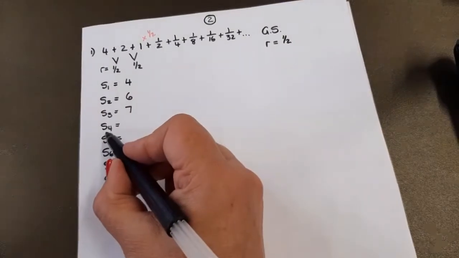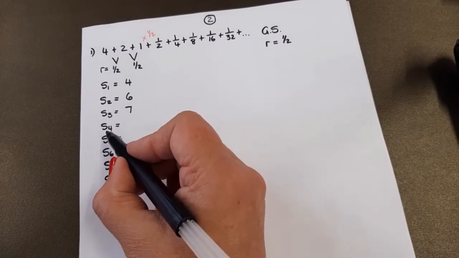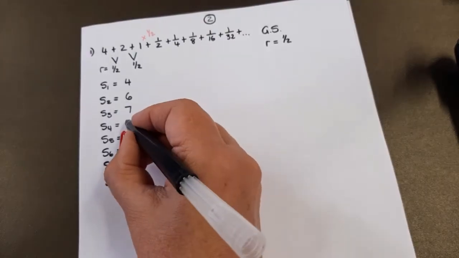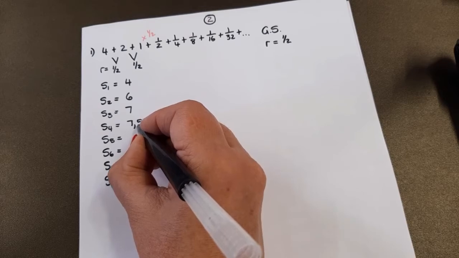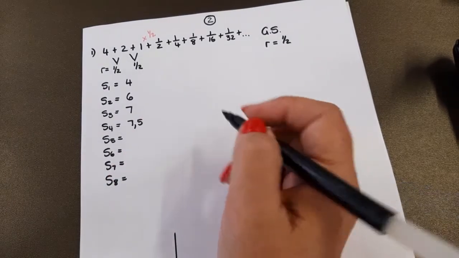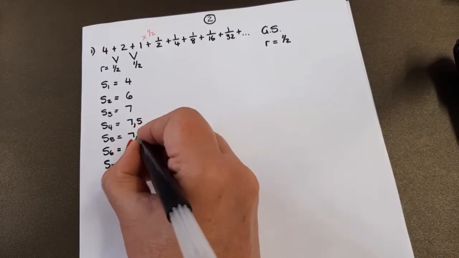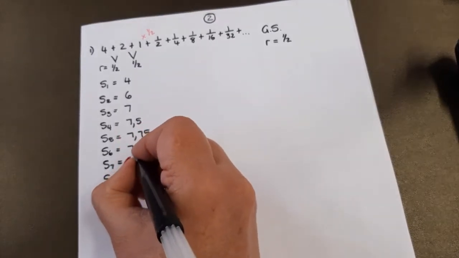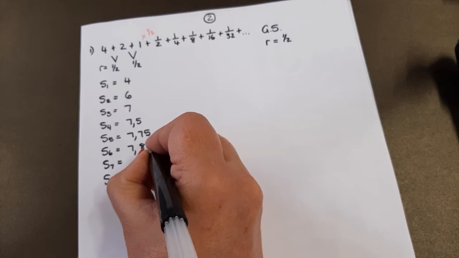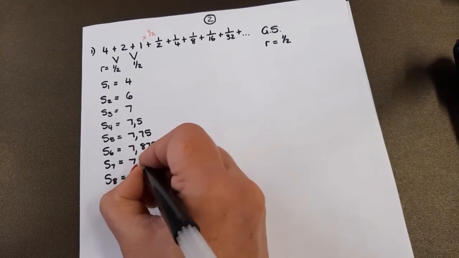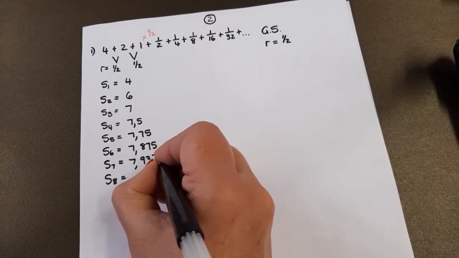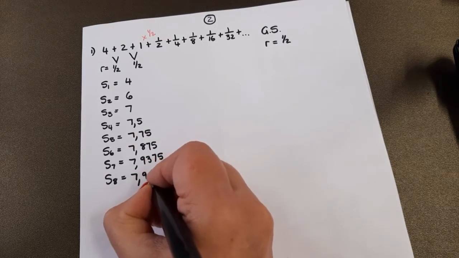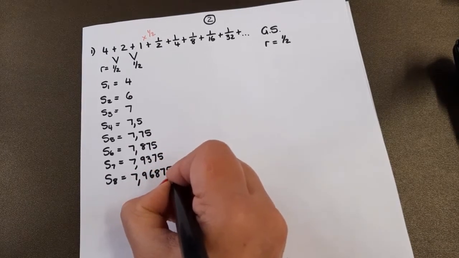So, the sum of 4 terms will give me 7 plus a half, and we get 7 and a half. And you carry on like that. Let me quickly give you the answers: 7.75, 7.875, 7.9375, 7.96875.